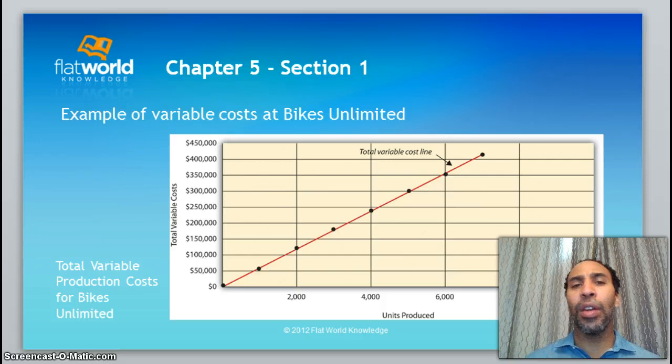If you look at our chart here, always good to have visuals and charts. There's an example of a variable cost at Bikes Unlimited. So you see that you have these data points, right? That data point in the middle is probably about 1,000. So at 1,000 bikes, it's going to cost $50,000 for the total variable cost. And at 2,000, that's in between those two.